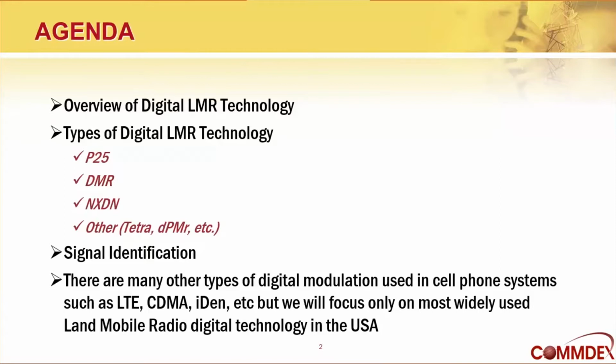I know there's many others, but within the US, there are 3 that have come to predominate: P25, DMR, and NXDN. You may have heard of some others, Tetra, DPMR. Those are primarily other countries, other continents.